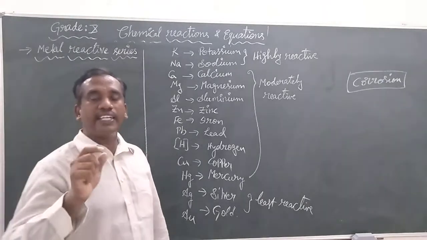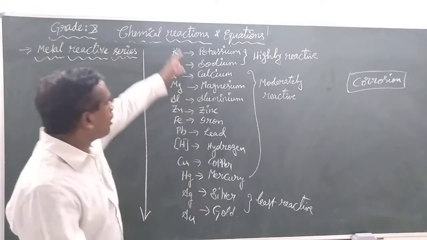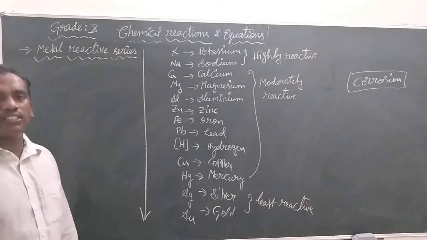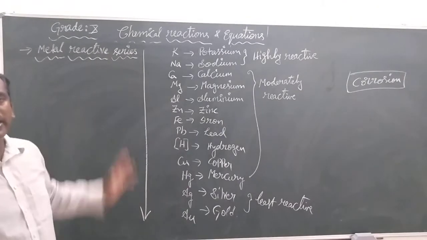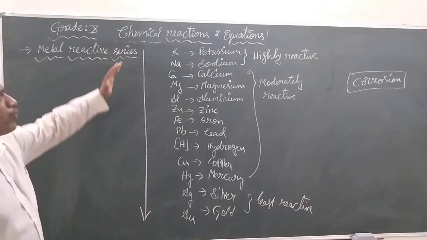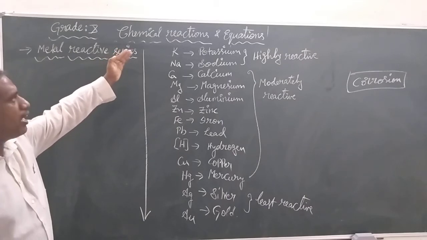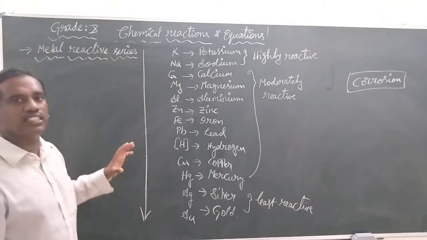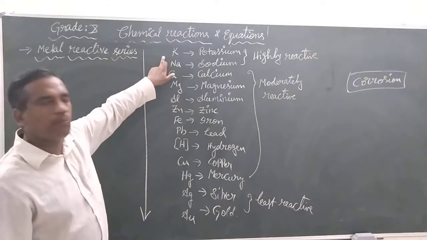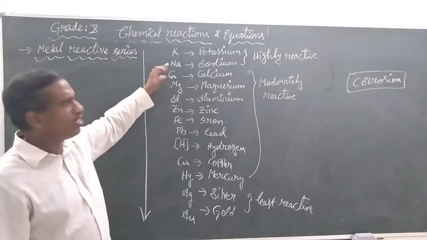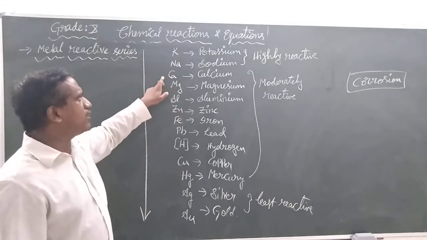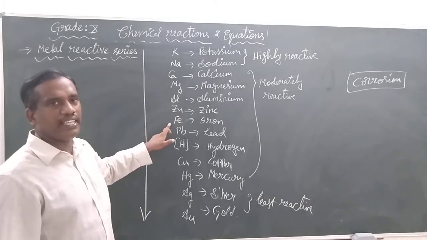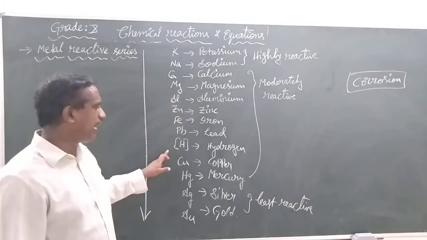So based on the reactivity of the metals, we got a chart, the metal reactive series. What do we call the chart? Metal reactive series. In this chart, we got the metals from the highly reactive to the least reactive. Let us see what this chart is. Highly reactive are potassium, sodium. Then it goes on like calcium, magnesium, aluminum, zinc, iron, lead, hydrogen.